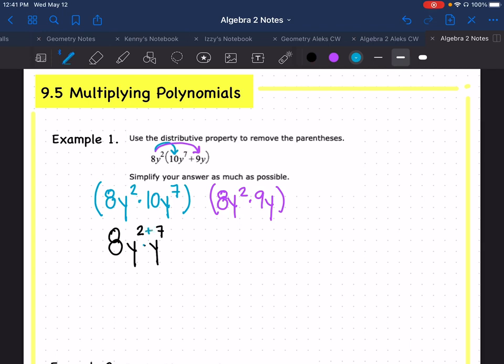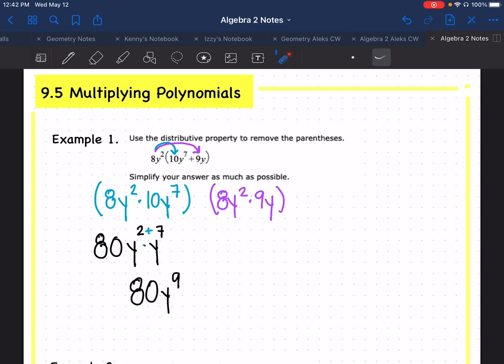So that's what I'm going to get here. I just noticed that I said 80, but I only wrote 8. There we go. 8 times 10 is 80. So I would end up with 80y to the 9th.